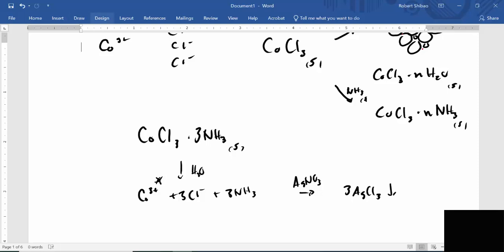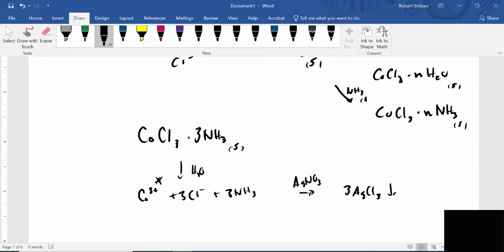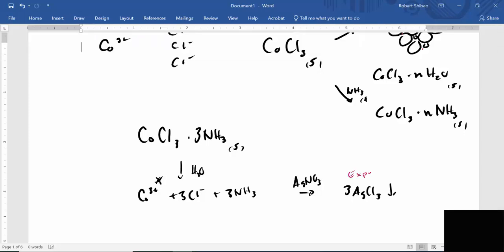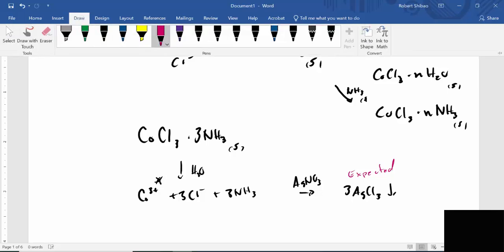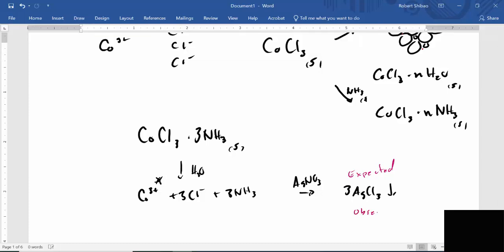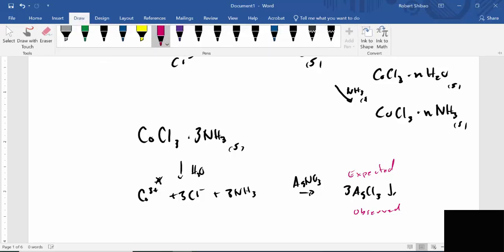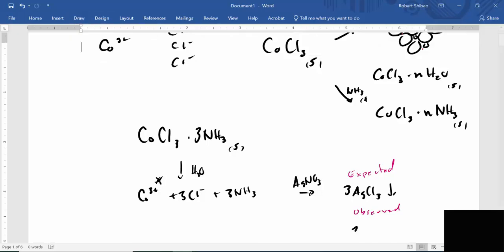This is what was expected. However, that's not what was observed. What was actually observed was not 3 silver chlorides. What was actually observed was only 2 silver chlorides.